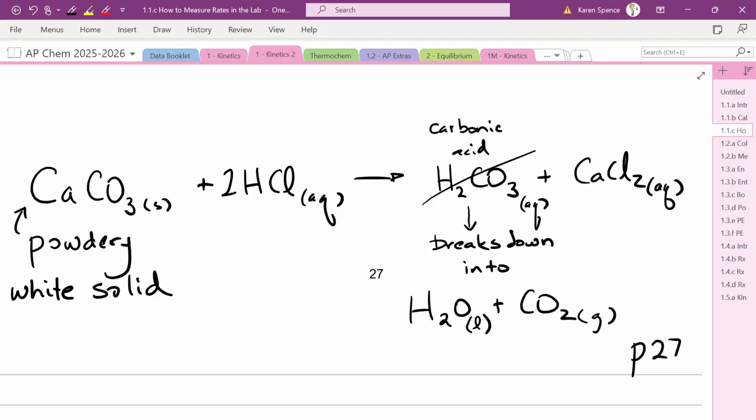What's one method? Yes. Yeah, you would look at a decreasing mass of the system as the gas leaves the system. So you could look at a change in the mass of the system over a change in time.